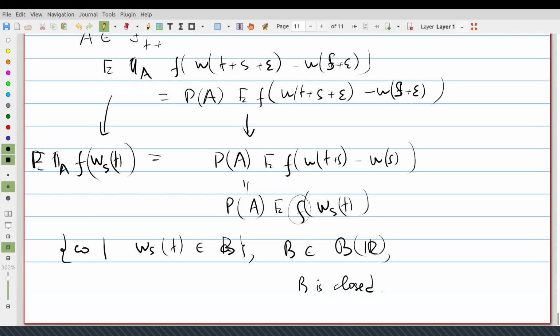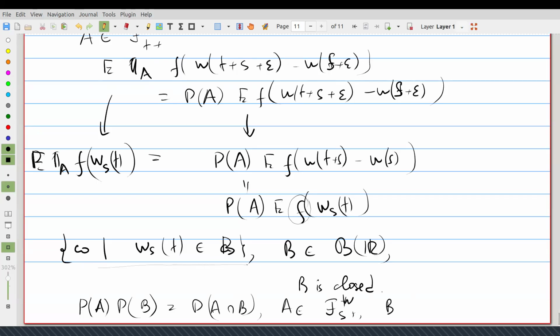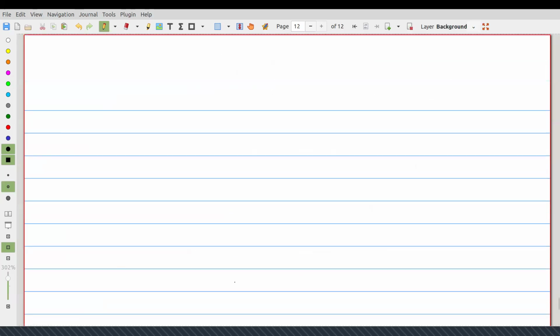We can then go to the limit in the left hand side and the right hand side again to conclude that P(A)P(B) equals P(A intersection B), where A belongs to F^W_{t+}, and B is of this form. And this proves the independence of the corresponding sigma algebras.